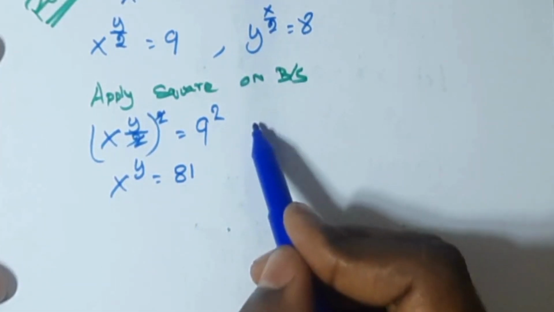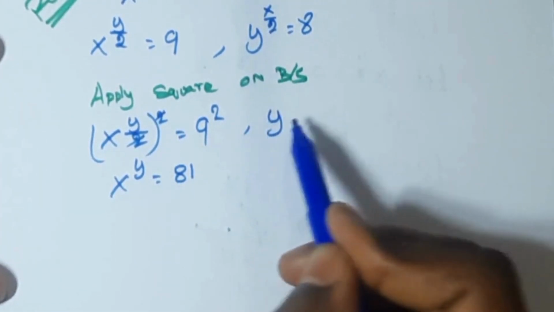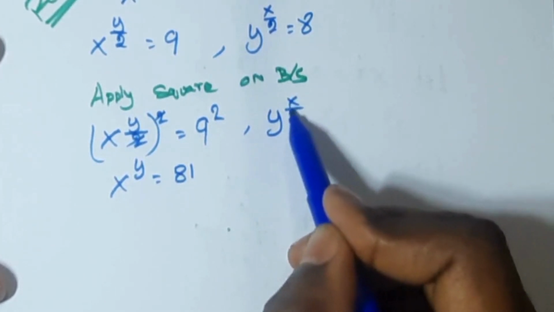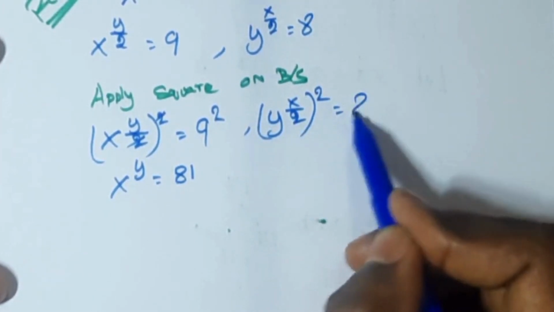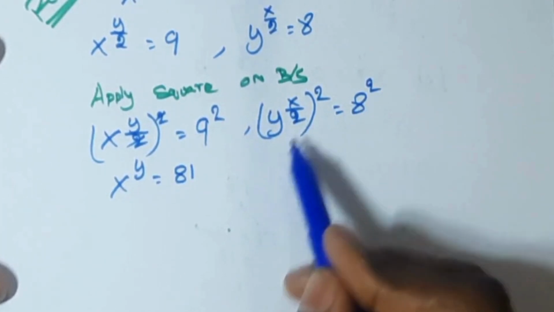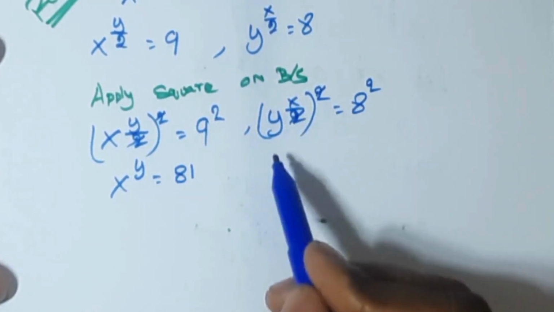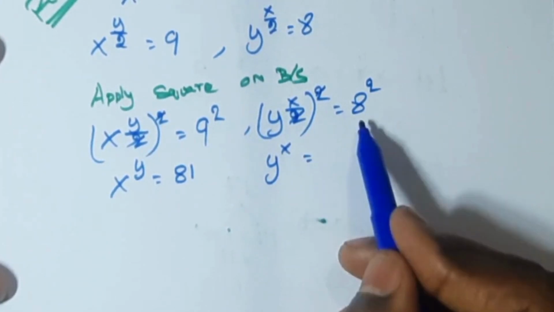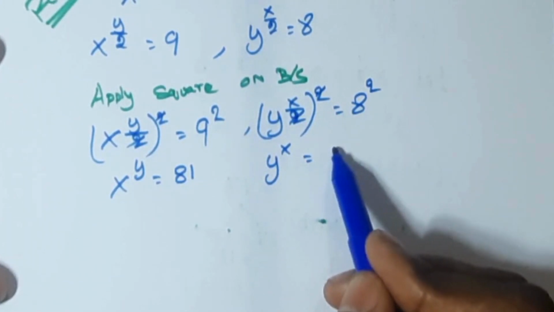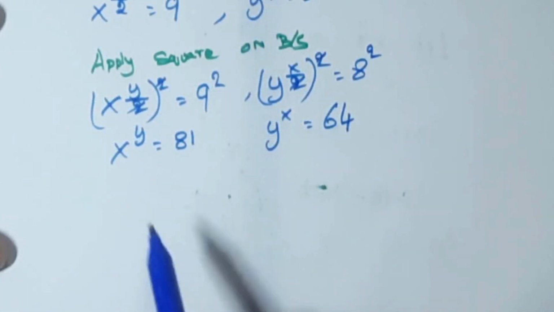Same on the right hand side, y to the power of x by 2 whole square equal to 8 square. This 2 and this 2 get cancelled. We have y to the power of x equal to 8 into 8. 8 square will be 64.